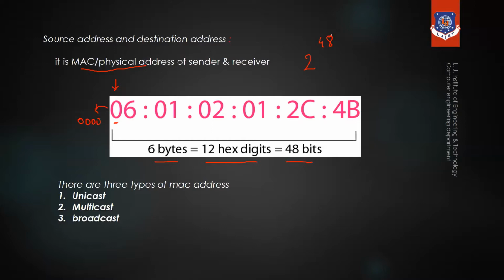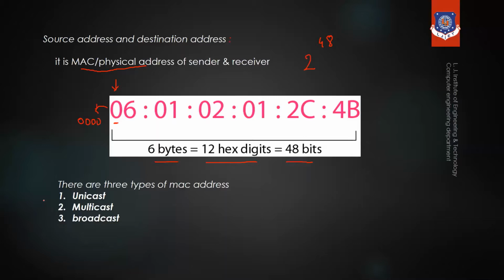Without the permission of IEEE, no company can use MAC addresses for their devices. And the MAC address is a unique number and it cannot be the same for any two devices. So no two laptops, or two phones, or any two devices can have the same MAC address.